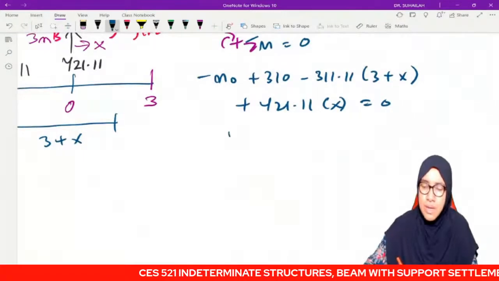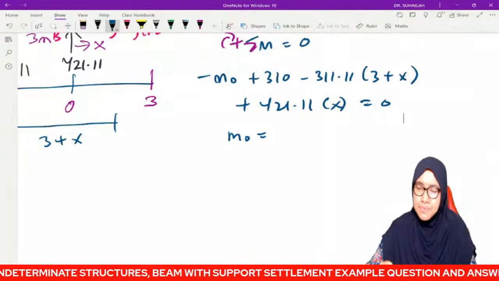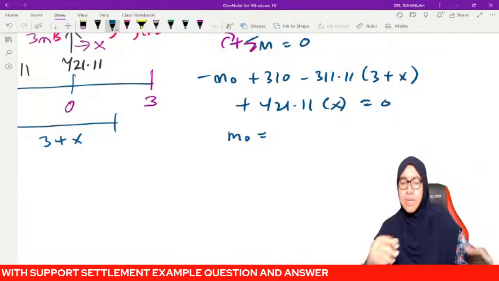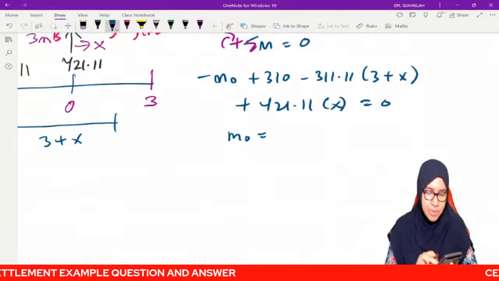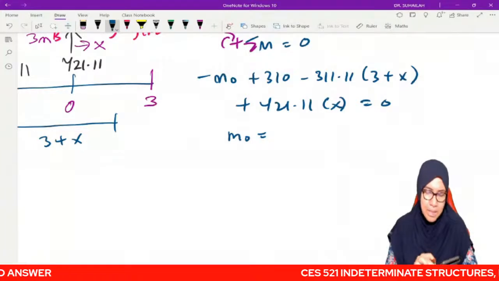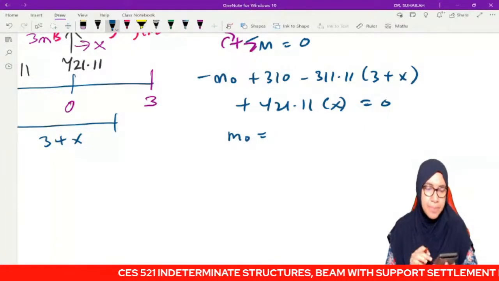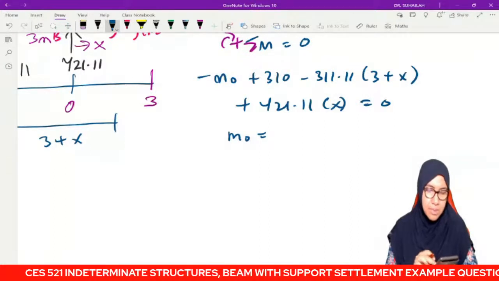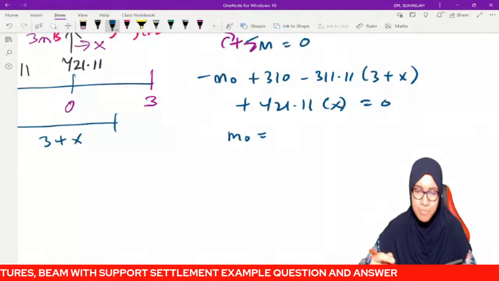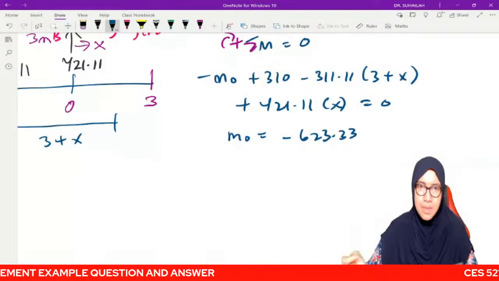So m naught is equal to 310 minus 311.11 times 3, so we get negative 623.33.